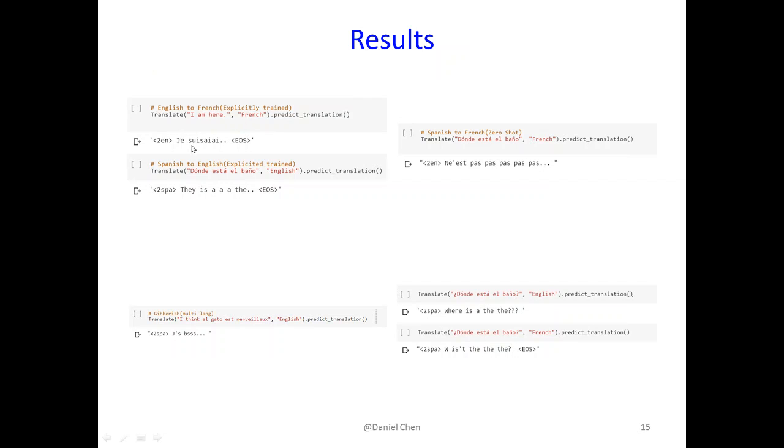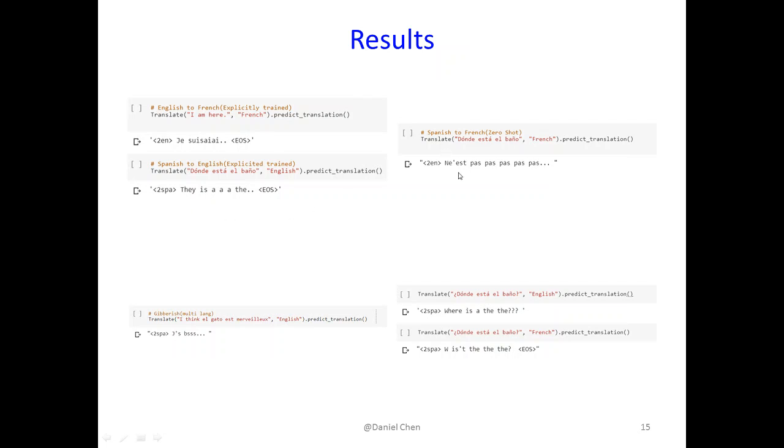This looks kind of like gibberish, but J is at least I in French. This looks like it's probably gibberish, but it does seem to know it's French. Then this one, Spanish to English, donde está el baño, which means where's the bathroom. This is not right at all, but it at least knows that it's in English.